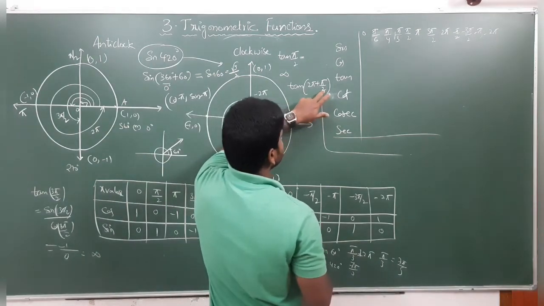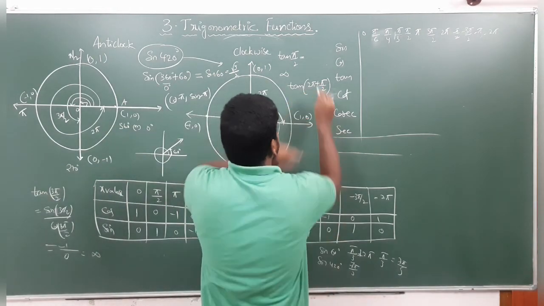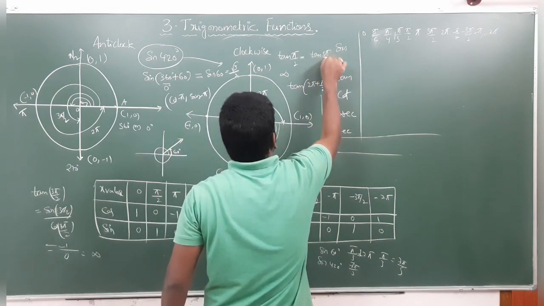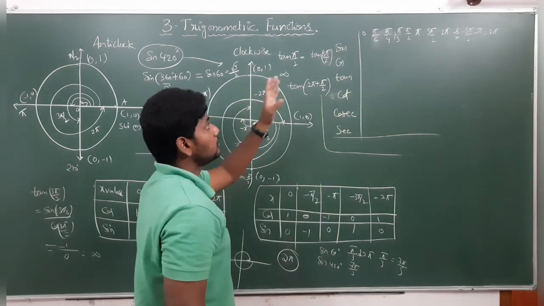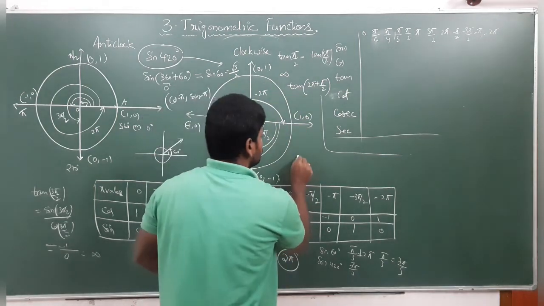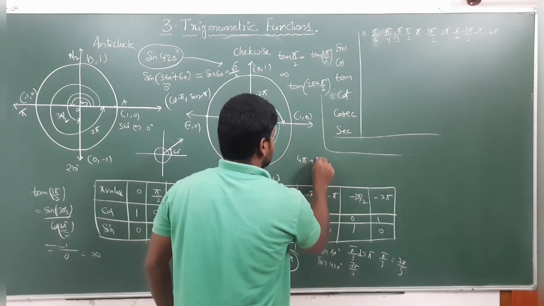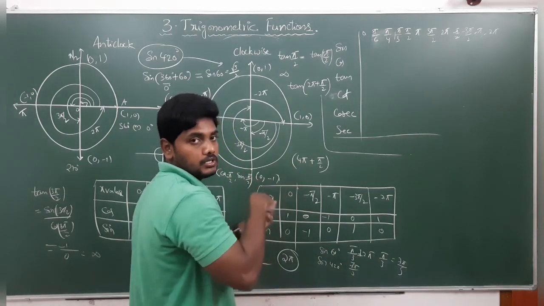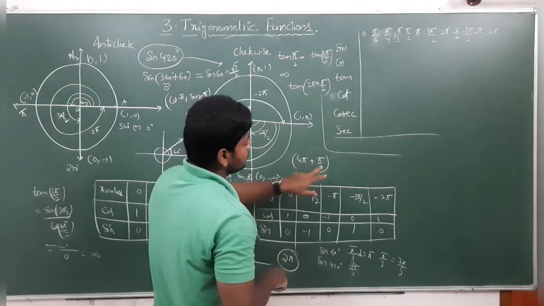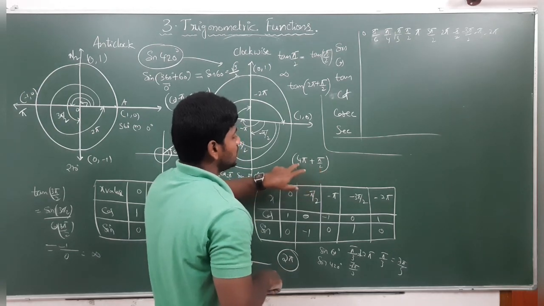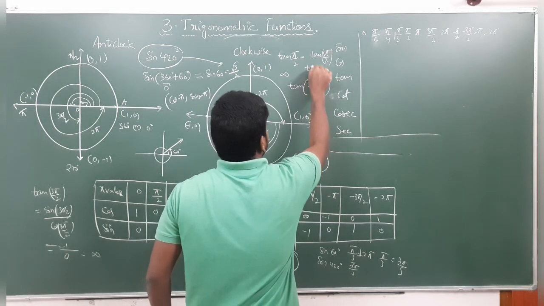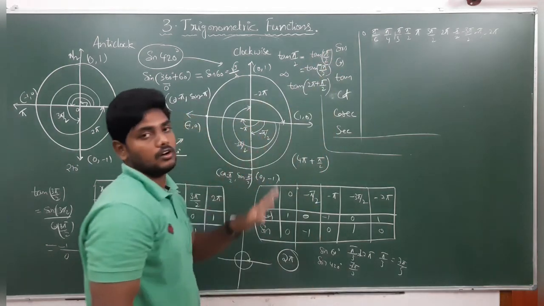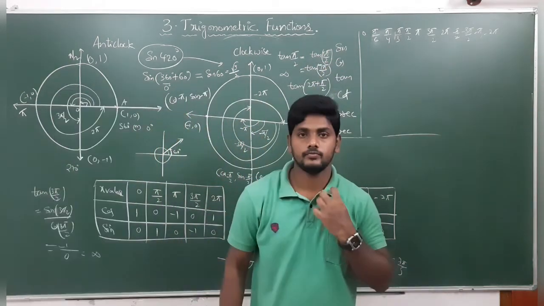So 2 pi plus pi by 2 is 5 pi by 2. So tan pi by 2 is also equal to tan 5 pi by 2, and also equal to tan of 4 pi plus pi by 2. After two revolutions, the value again becomes the same. Likewise, 8 pi plus pi by 2 gives tan 9 pi by 2.